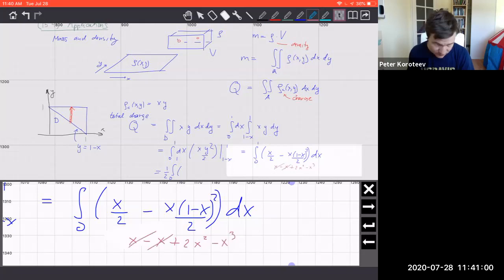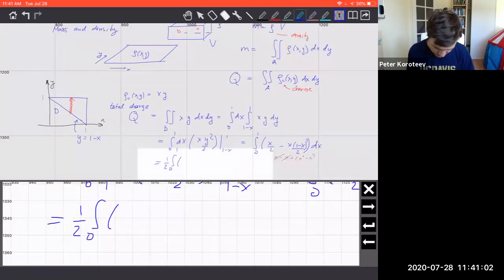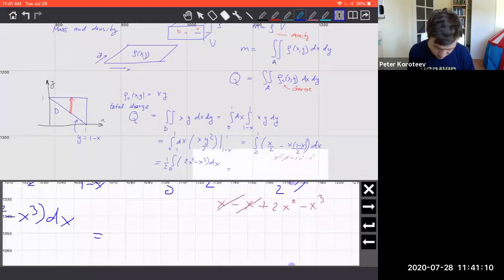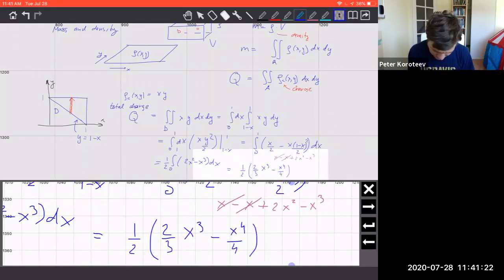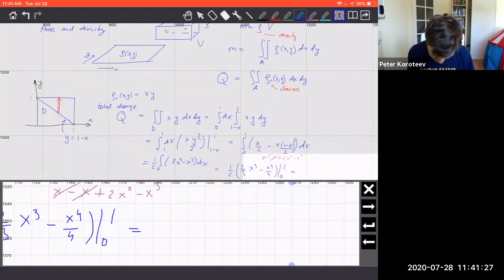It's equal to 1/2 times 2/3 x cubed minus x to the 4th over 4 between 0 and 1, and that's a half times (2/3 minus 1/4).